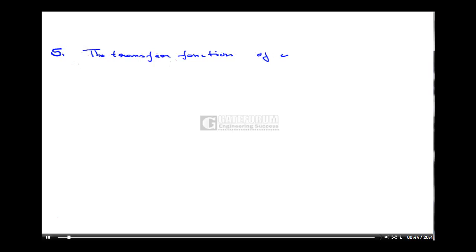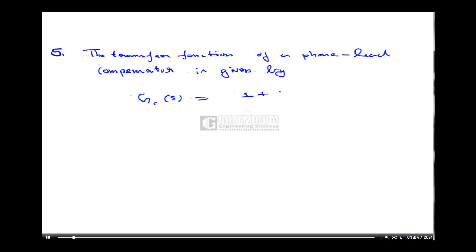The transfer function of a phase lead compensator is G(s) equal to (1 plus 3Ts) upon (1 plus Ts).